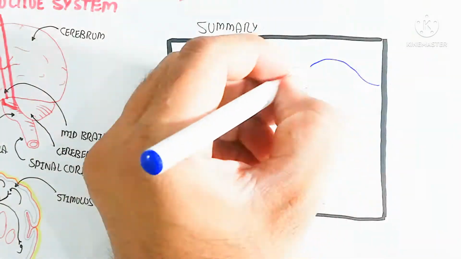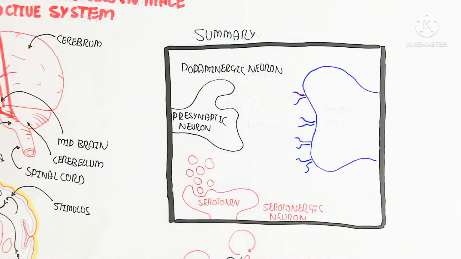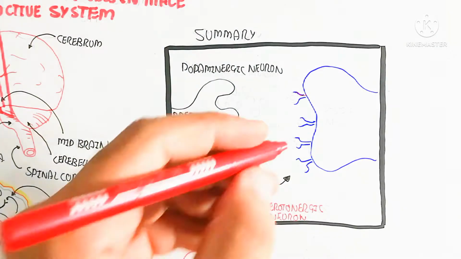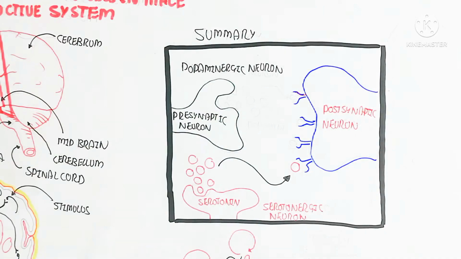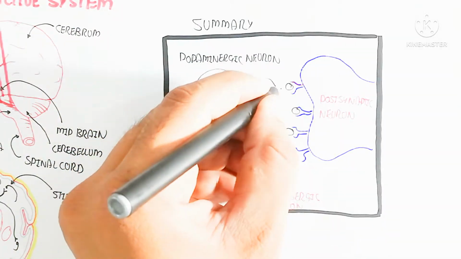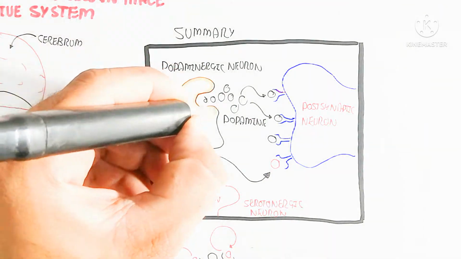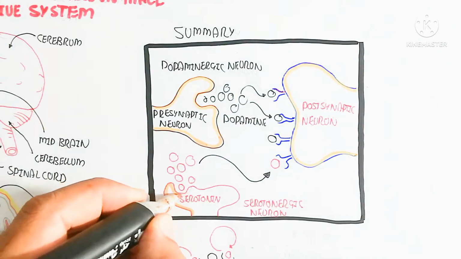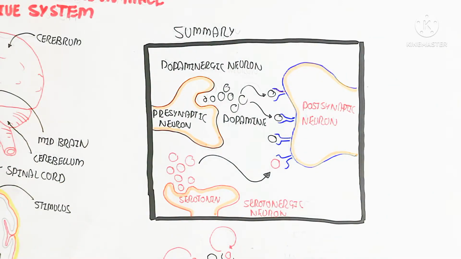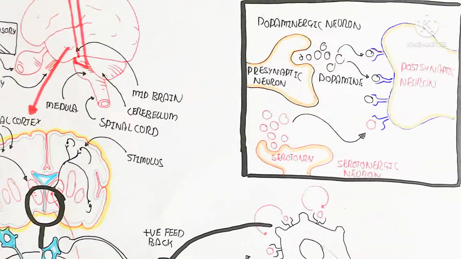So in summary, the dopaminergic nerve and the serotonergic neuron, which is the presynaptic neuron, will release dopamine to target the postsynaptic neuron, and serotonin also binds with the postsynaptic neuron, which will release the other hormones, epinephrine and norepinephrine, into the blood for vasoconstriction and vasodilation on the basis of sympathetic and parasympathetic activity.